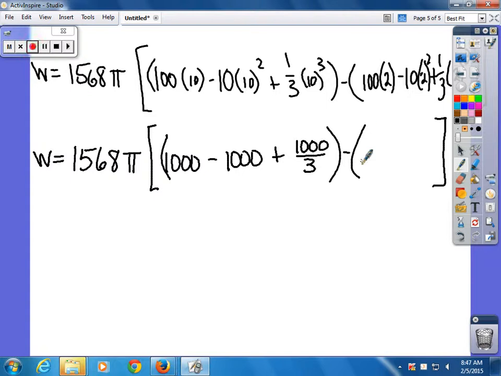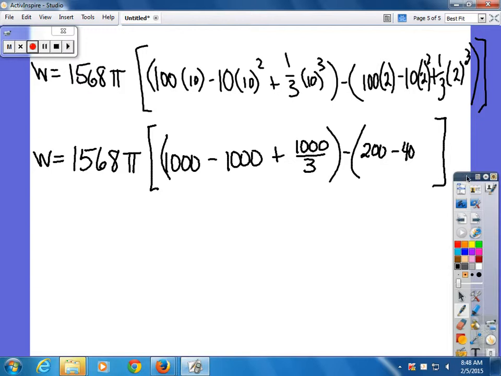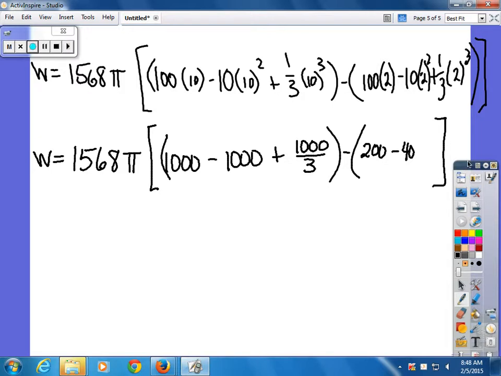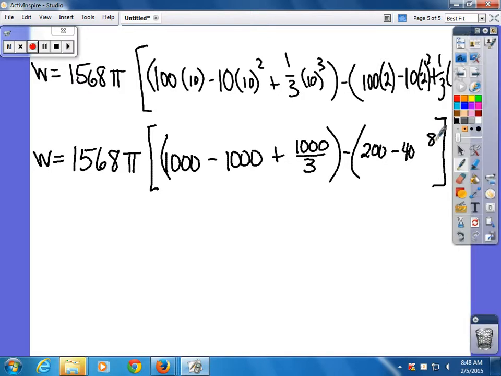Minus, what is this? 200 minus, I can't read my own writing. Is that 400? 2 squared, no, 40. And then plus 1/3, that'd be 8. 8/3, help me out.